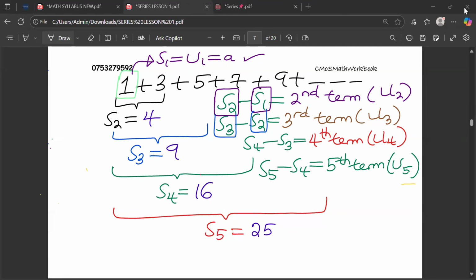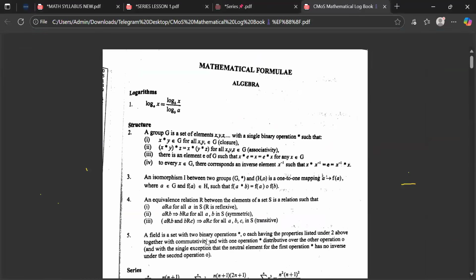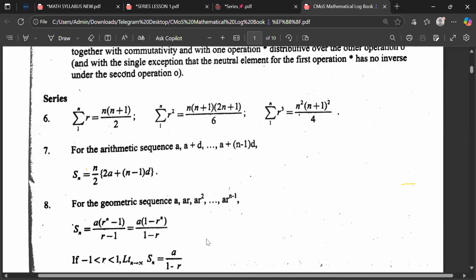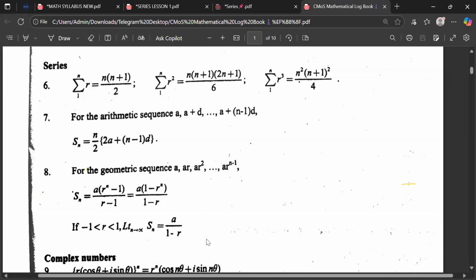Because according to my old logbook here, it is formula 6 first. I don't know what you people that side have. Let me hope you can see my logbook. Oh, it is formula 6. Hey, that is nice. That means we have the same logbook.